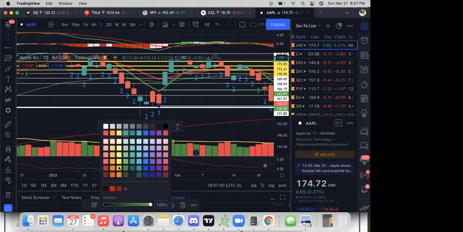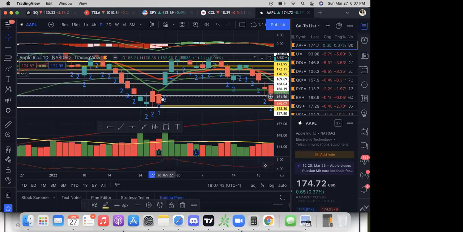I'm gonna put that in yellow so everybody can see. The strat says this is your entry for calls, and this would be your entry for puts. But if you get into calls, this would be your stop loss. This is where you get stopped out.